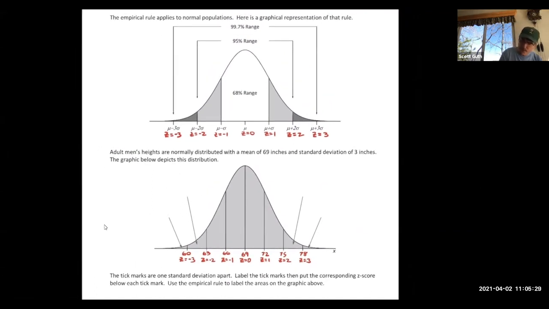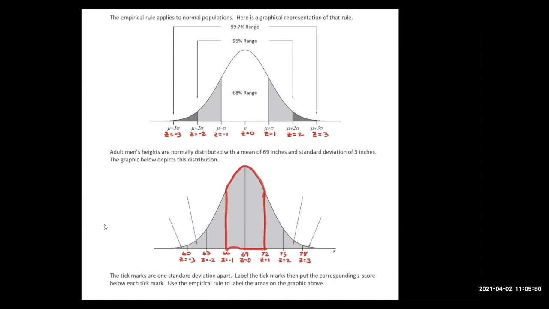So very quickly, this region that I'm outlining in red, that's the 1 standard deviation region. What's the total area of what I just outlined in red? Is that 68%?